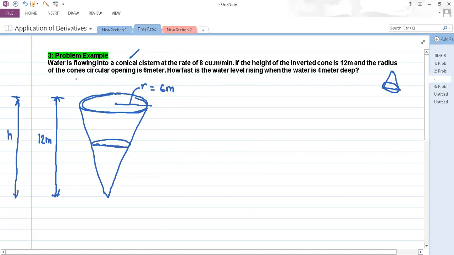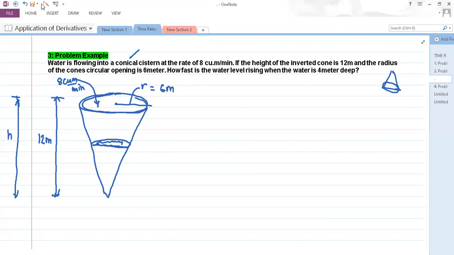If we have a rate of water which is 8 cubic meter per minute. So meron tayong water which is flowing into the cistern na 8 cubic meter per minute yung rate. So how fast daw this water is rising? So how fast is this water rising?